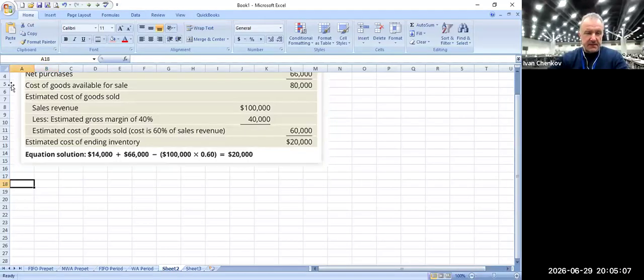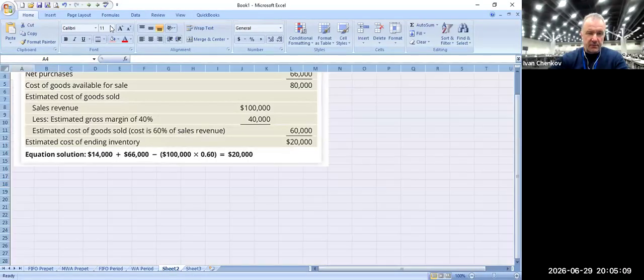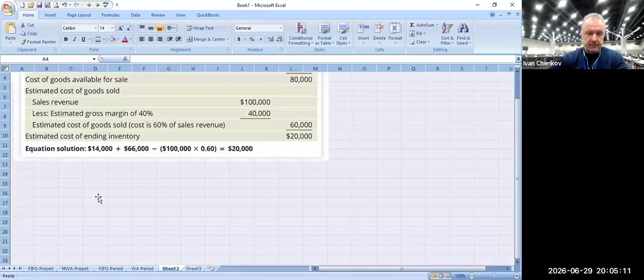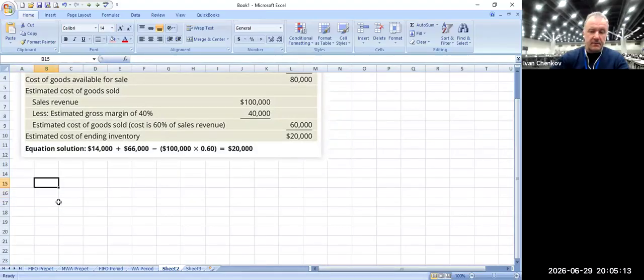Now, what this says is that if you're applying the formula, which is the beginning balance of the inventory plus purchases, it's going to give us available for sale.